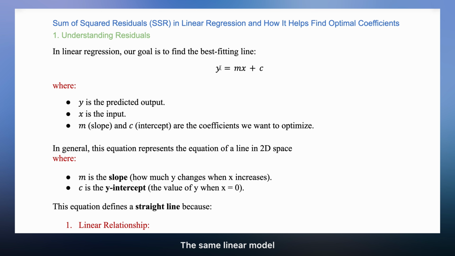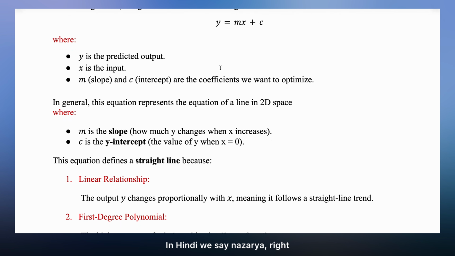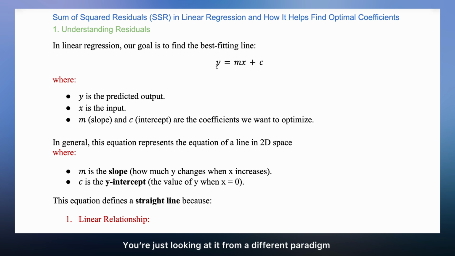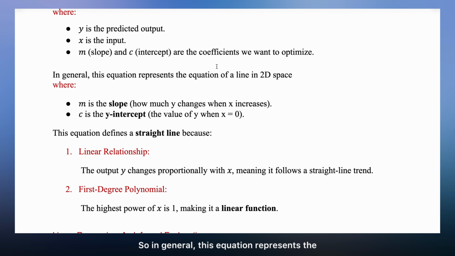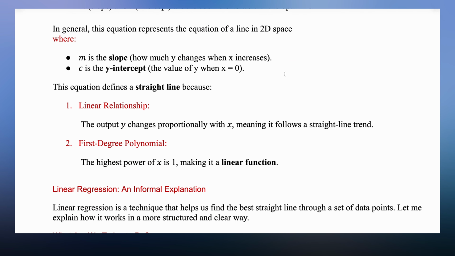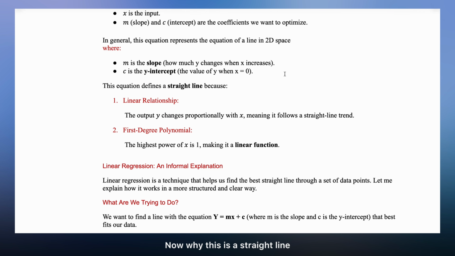The same linear model, the same line equation, just a different paradigm to look at it. In Hindi we say nazariya, so in English we say paradigm, right? We're just looking at it from a different paradigm. So in general, this equation represents the equation of a line in 2D space. Awesome.